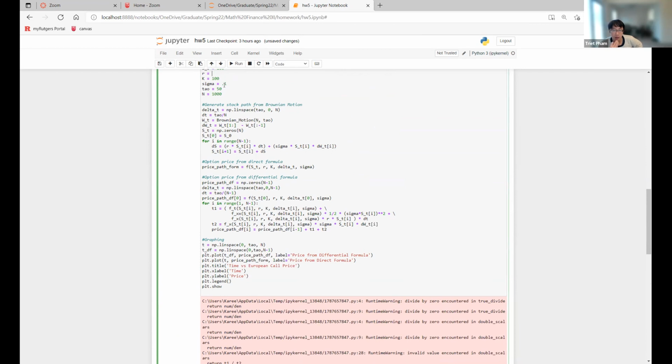Let's see if it is the drift that matters or not. So you define r as 1/2 sigma square, so maybe you want to shift down. Yeah, you can do that.